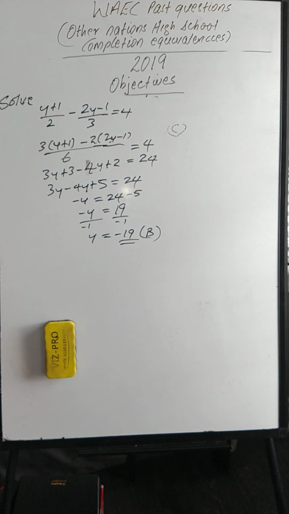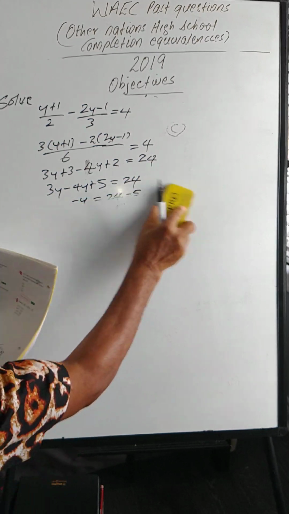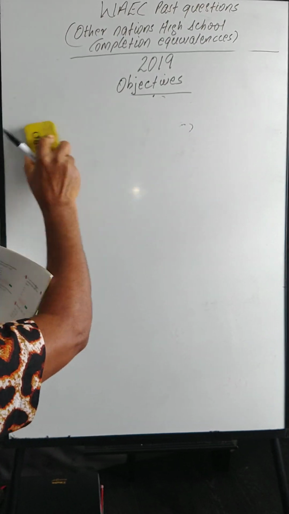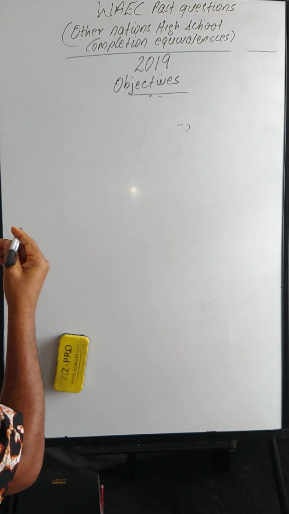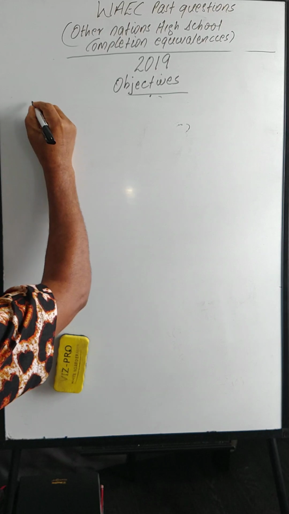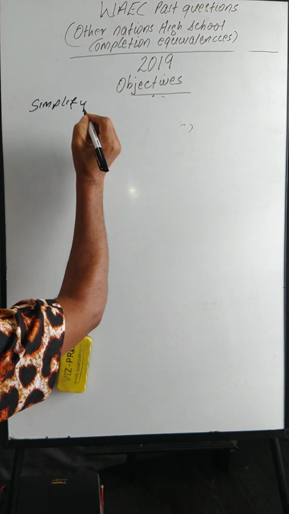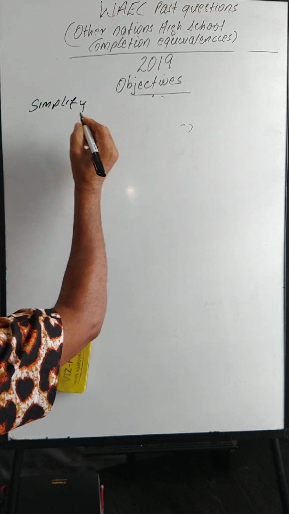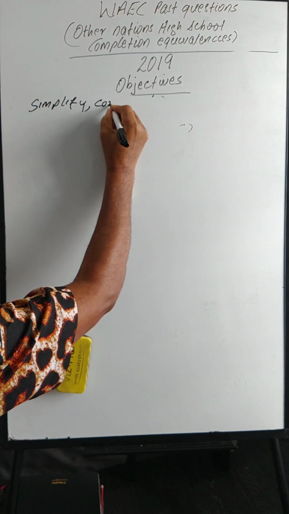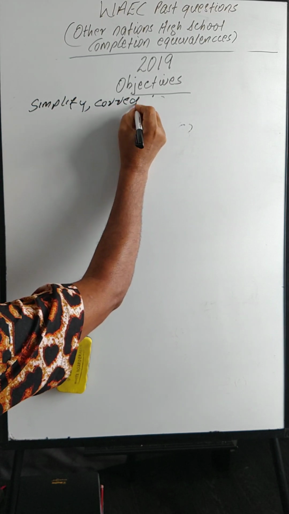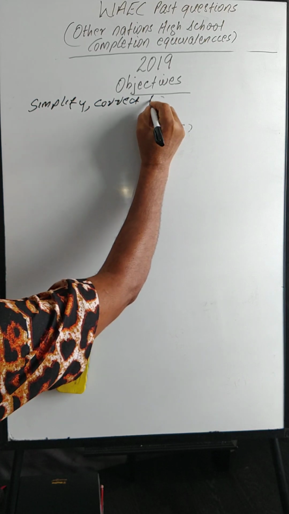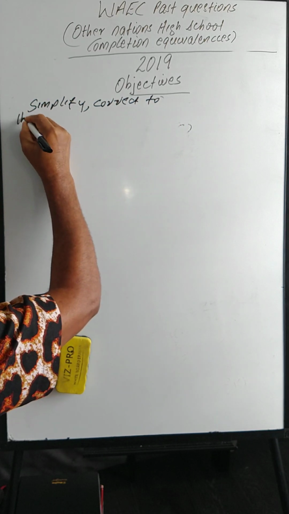Now let's clean our board to continue to number 4. Number 4, we are expected to simplify and correct our answer to 3 significant figures.